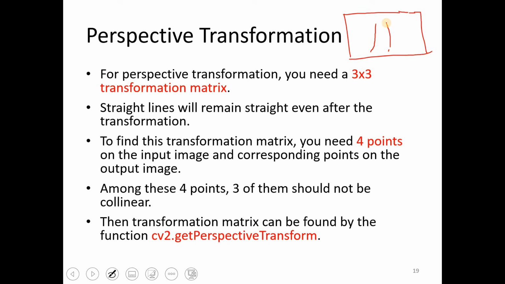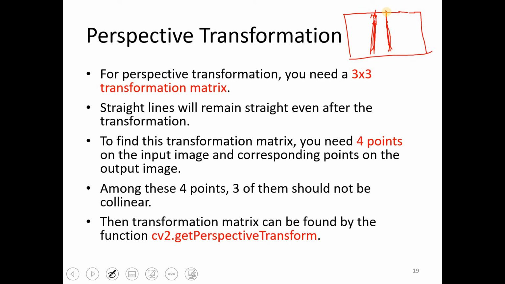When you look at the rail track, when it goes far away, it becomes smaller and smaller, but all the time in the picture, even when it goes far away, the two sides of the rail track will remain parallel throughout the image.